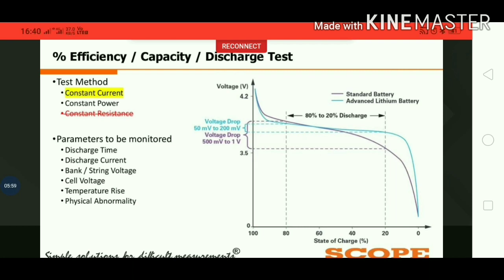This is how the discharge process of the battery happens. If you get any abnormal curves during the discharge process, other than this signature, you can say the battery is not in good condition or there are some problems in the battery.